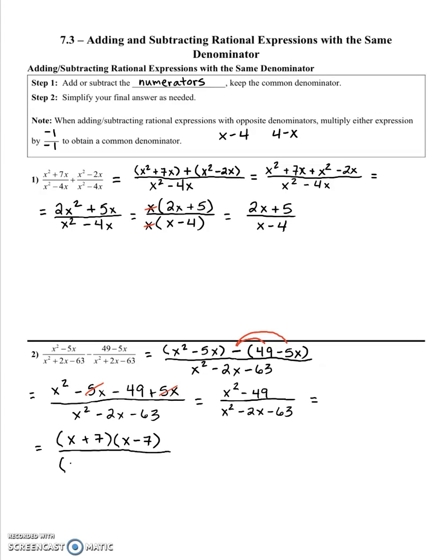So in that case, we have x minus 9 and x plus 7. So what happens? The x plus 7's cancel each other out, and we are left with x minus 7 over x plus 9.